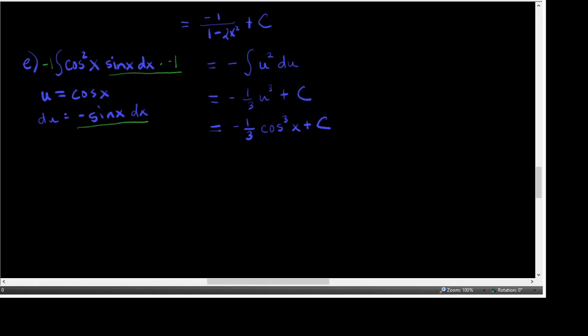Now, the next thing we're going to do is use substitution with a definite integral. And what we're going to need to realize is that when we're doing a definite integral, like the integral from 0 to 1 of x times (x squared plus 1) quantity cubed, the upper and lower bounds are actually values of x.